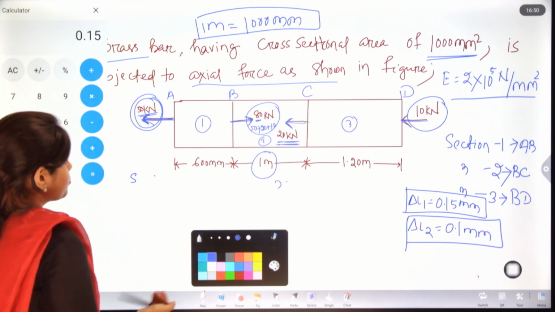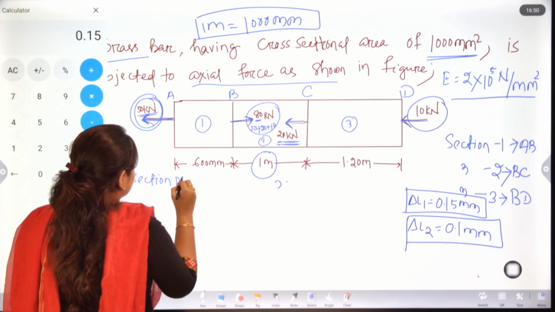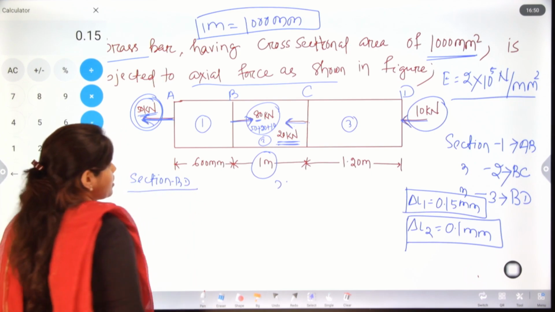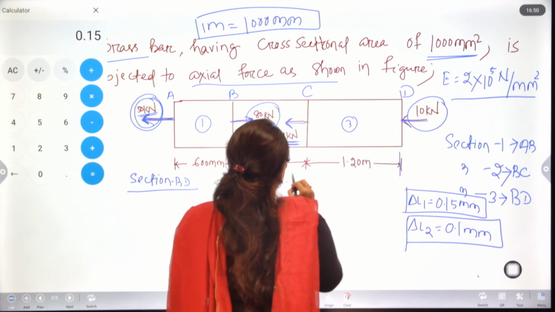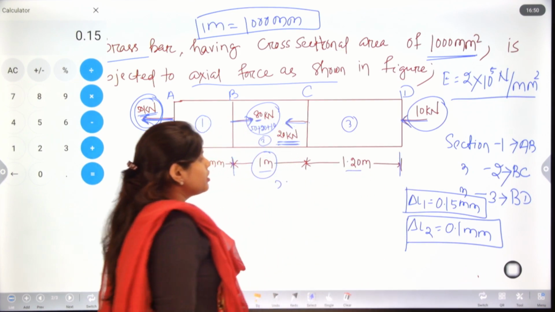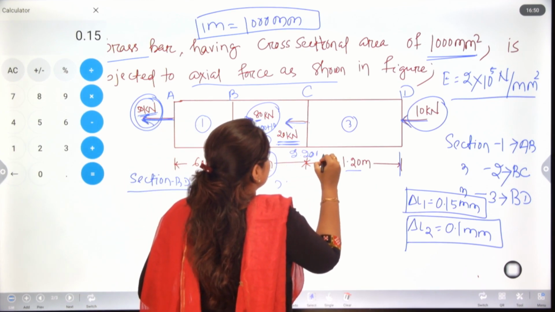So, for section BD, we will take this whole length, 1 meter plus 1.20 meter, is 2.20 meter.